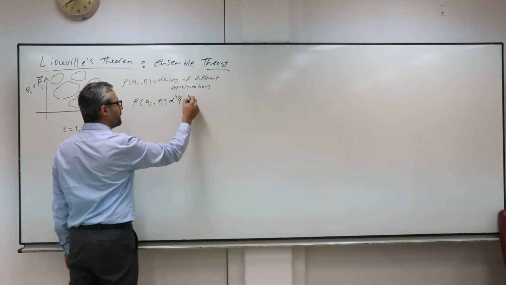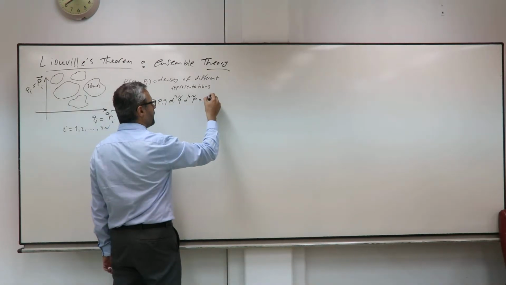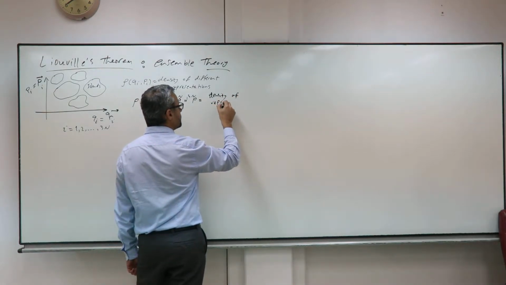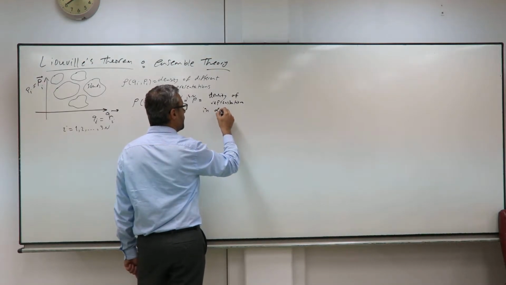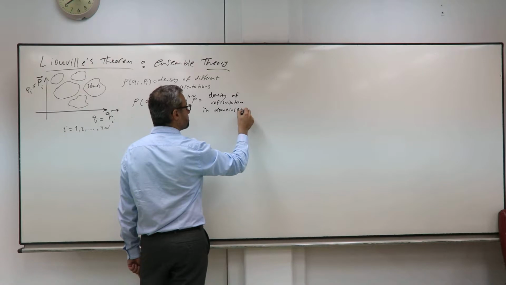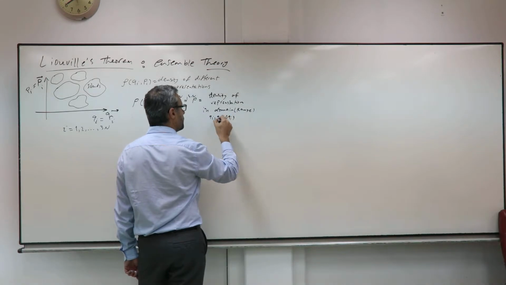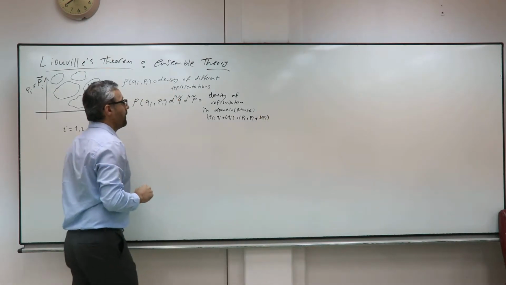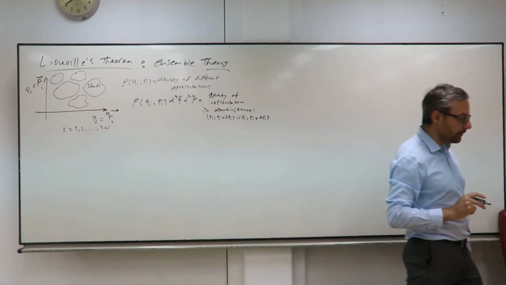So we define rho(q_i, p_i) d3N q d3N p as the probability, or as a density of representations in the domain or in the range q_i to q_i plus delta q_i and p_i to p_i plus delta p_i.